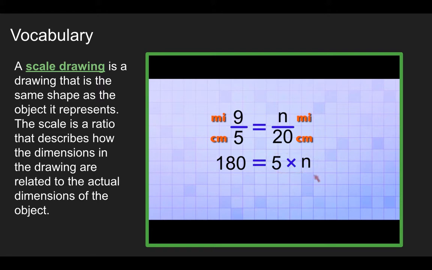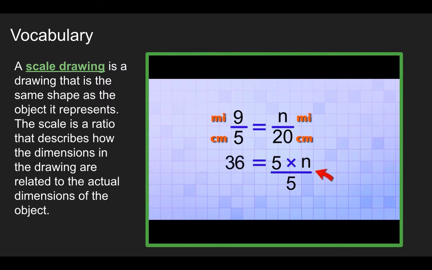Instead, we want to get the n all by itself. How do we do that? Well, we can't just ignore the 5 like we ignored the 1 in the last problem. Instead, to get the n by itself, all we have to do is divide both sides of the equation by the number that n's being multiplied by. In this case, that's 5. So on the first side, 180 divided by 5 equals 36.